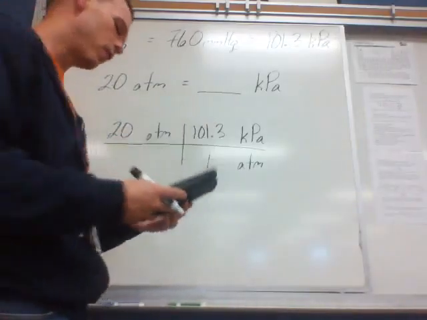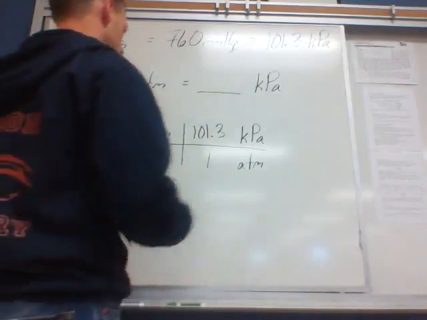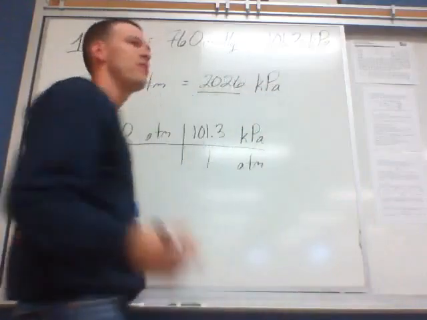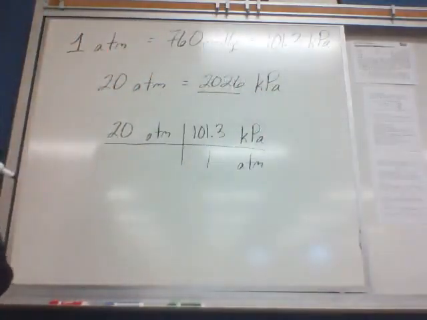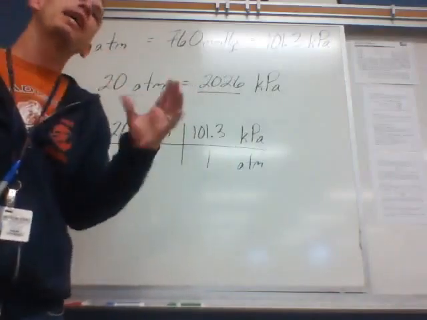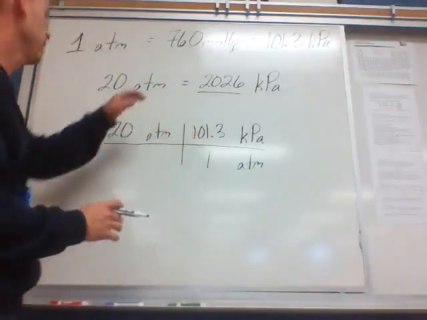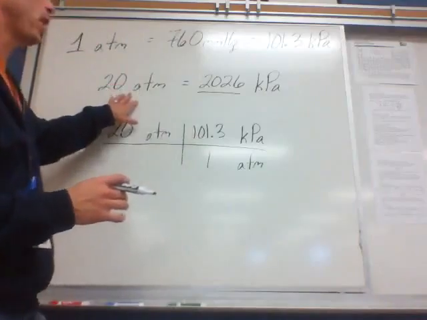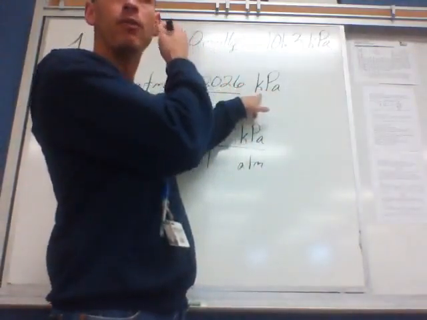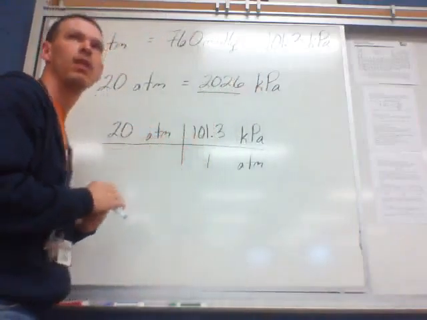You can do it all as one function. And I get 2026 kPa. And they're equal to each other. Understand what we're doing. We're just taking the units of one type of pressure and converting it to the units of another type, or different units of the same gas.